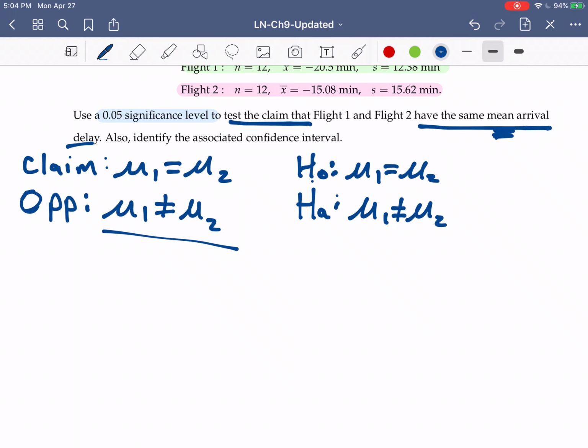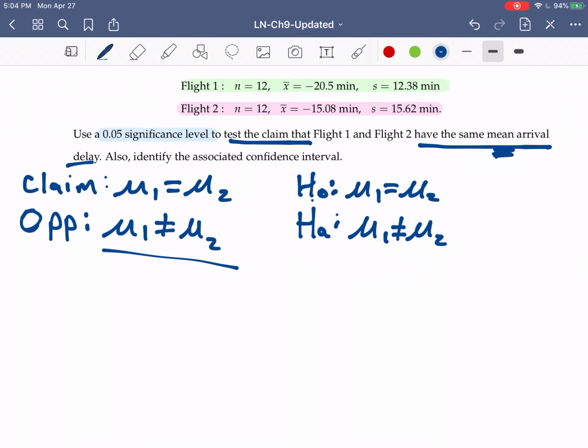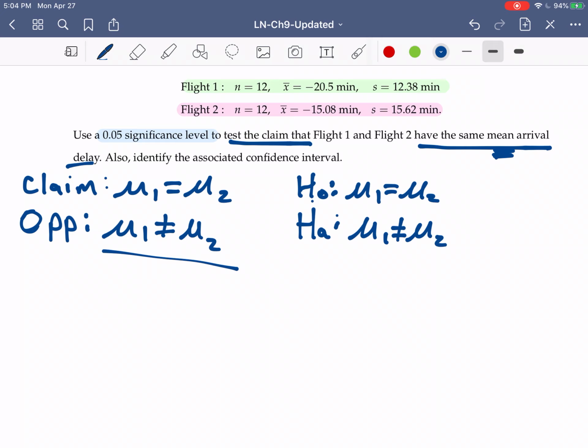All right, so we are going to go to StatDisk and we are going to input our values here. This will be population 1, since it was presented first, and then here population 2.